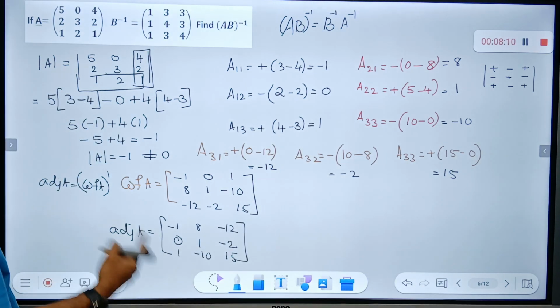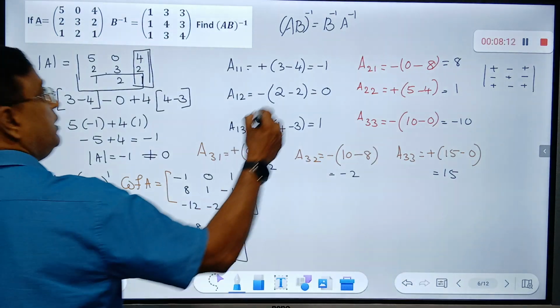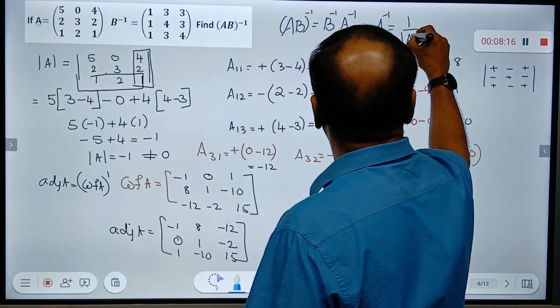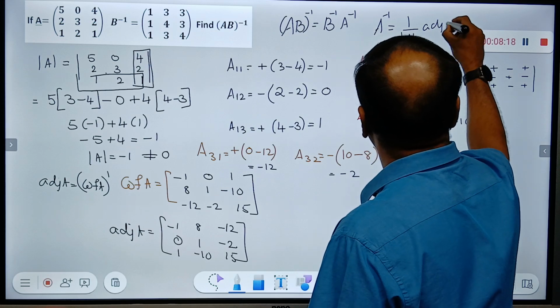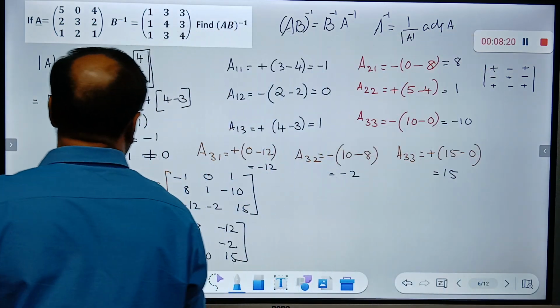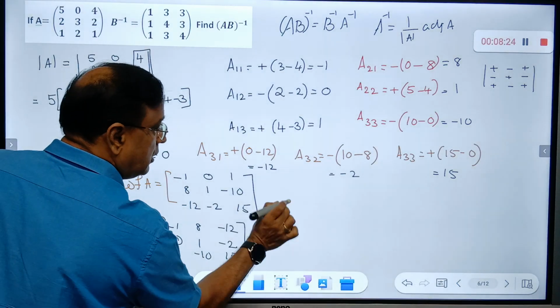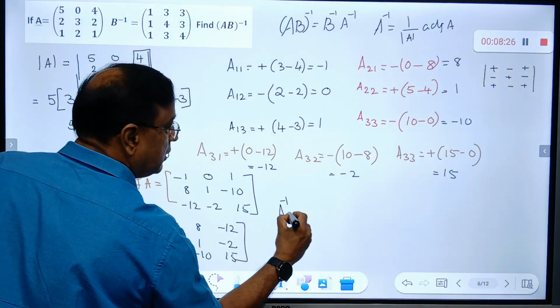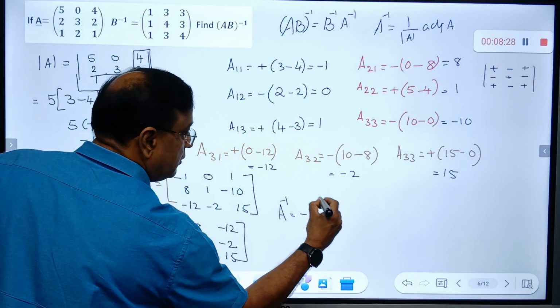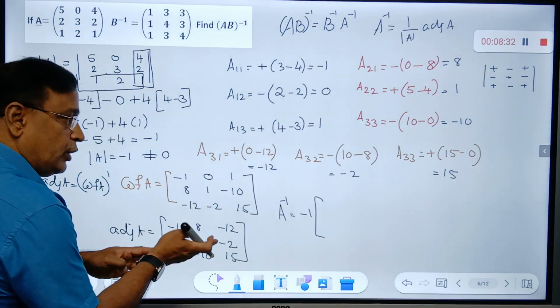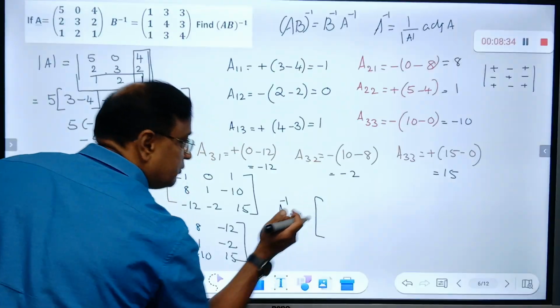Now that I found adjoint of A, what is definition of A inverse? A inverse is defined as 1 by determinant of A into adjoint of A. What is my determinant of A? My determinant of A is minus 1. So A inverse will be minus 1 into adjoint of A. Can I just multiply this minus 1 inside?